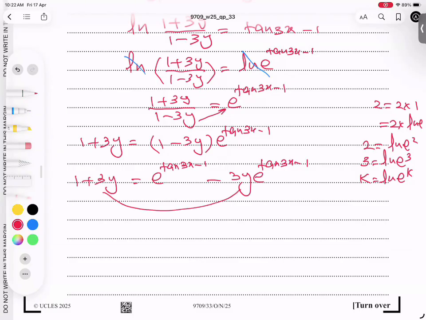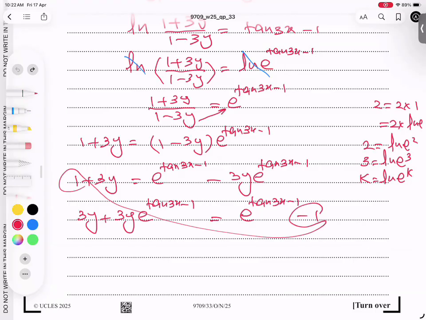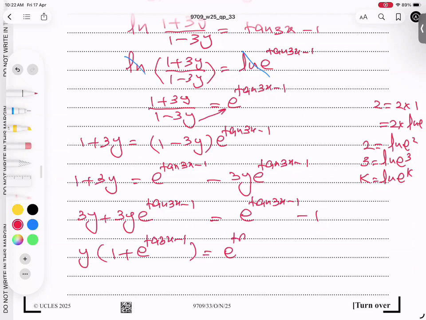I'll bring 3y here and 1 to the other side. So I'll get 3y already there plus 3y e to power tan 3x minus 1, equals e to power tan 3x minus 1 and minus 1. It comes from here. Take y common from here. What is left? 1 plus e to power tan 3x minus 1, and here e to power tan 3x minus 1 and minus 1. It will go down and the final form is very clear now. So we can just divide.